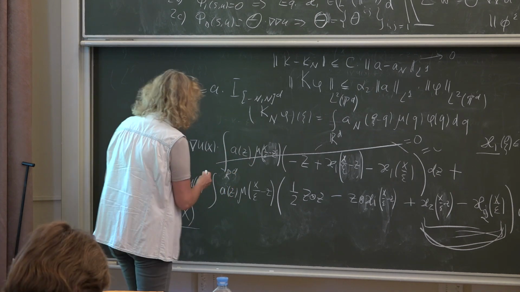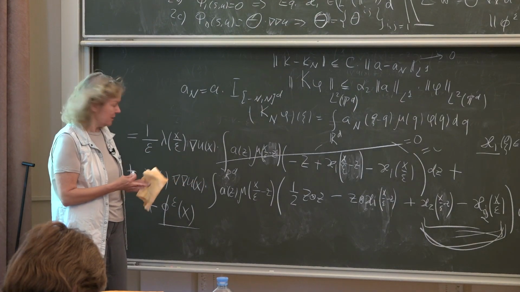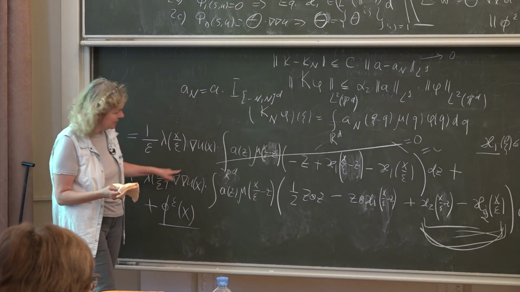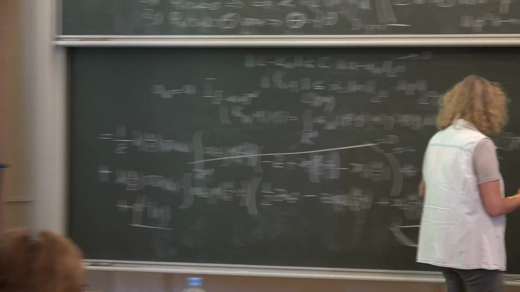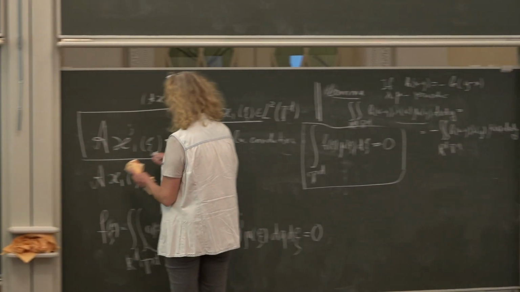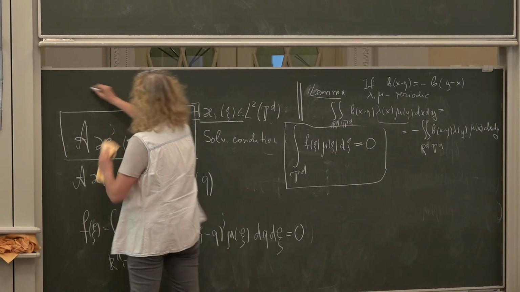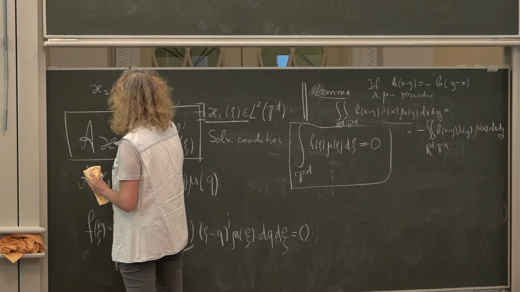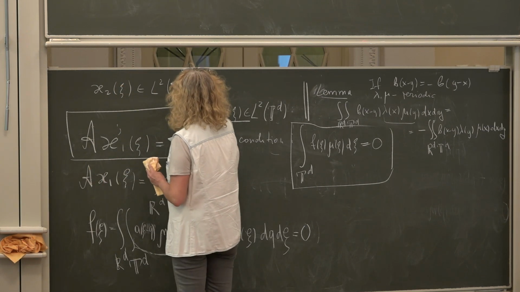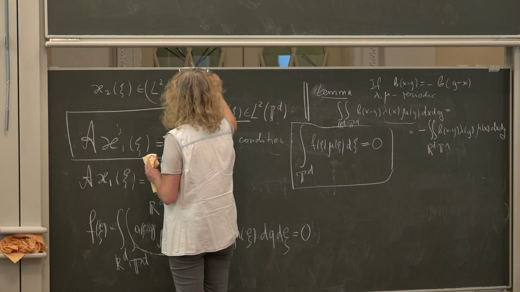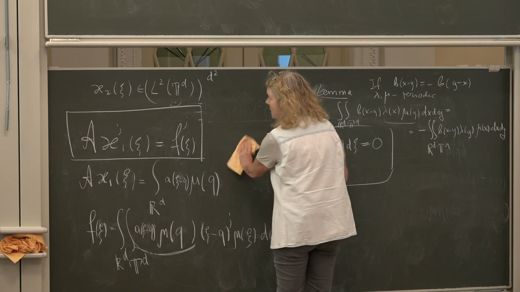And I'd like to stress that in this case the second corrector is a matrix valued function, because here we have a matrix. Everywhere we have a matrix. So again, for each component of our matrix, kappa 2 psi, there is a function in L2 of the torus.